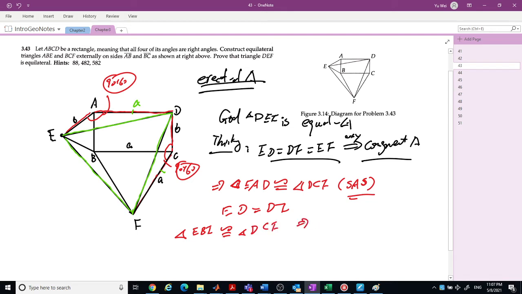So you can also have EF equals DF. Combined together, you can see triangle EDF is an equilateral triangle. Okay, that's it. Next.